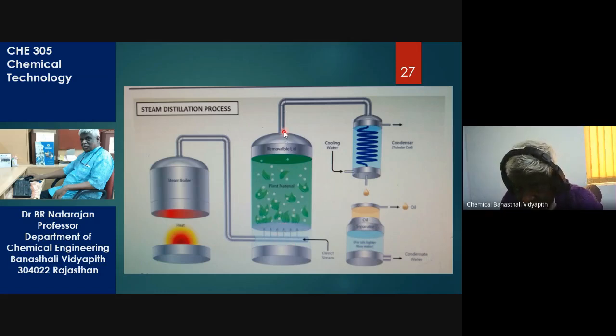And from the top, the steam is taken out, then comes to a condenser. There's cooling water applied here, and there we get our product, which may go for any more polishing and finishing.